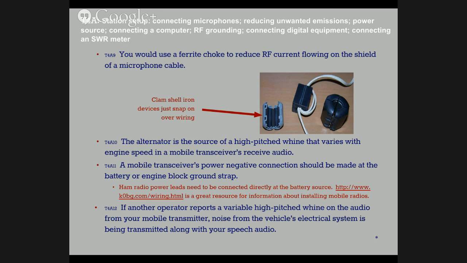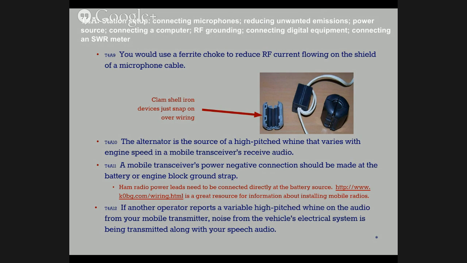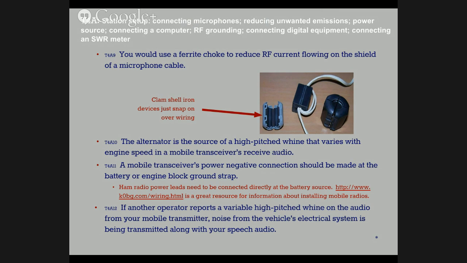You've basically got computers nowadays running every small detail inside of a car, and those can be a source of noise. To help prevent that noise from getting into our transmit audio, the simplest way is by making sure the grounding connection, or the negative connection, is made at the battery or at the engine block.